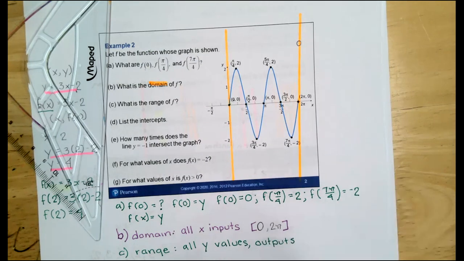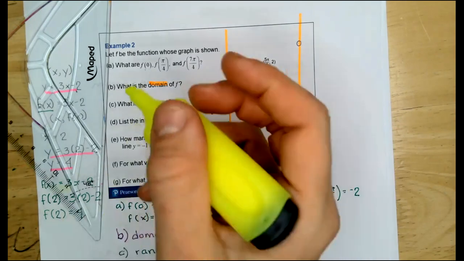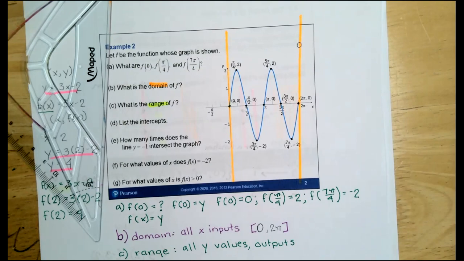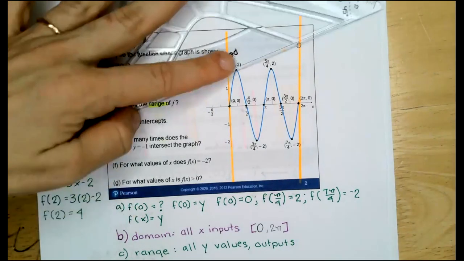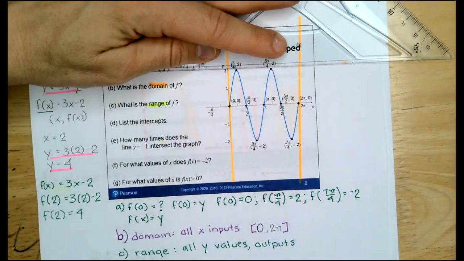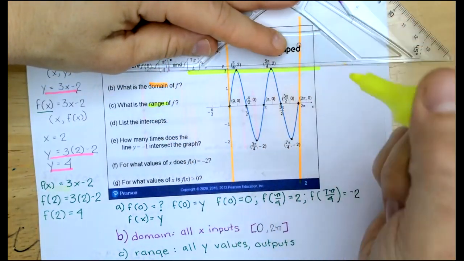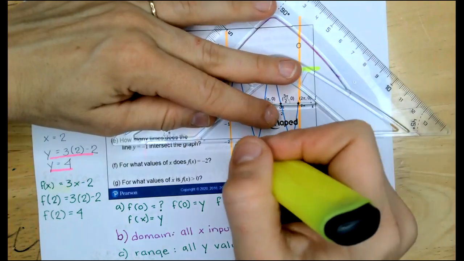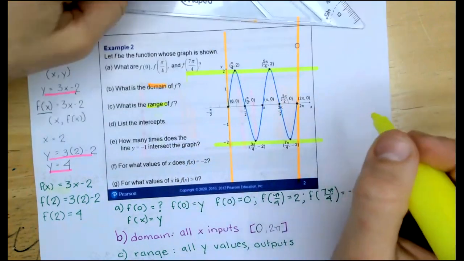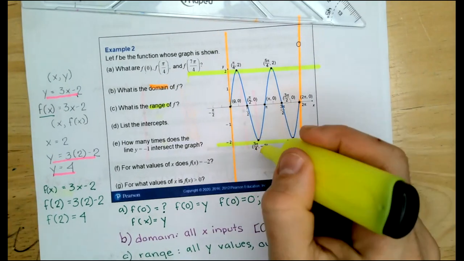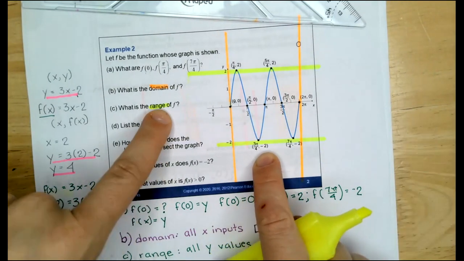It doesn't really matter when you're looking at a graph which one's the input and the output. What matters is it's the y's, okay? So the y's are the range. How high up on the y-axis does it go? How low on the y-axis does it go? My graph will not go below -2. Remember, we're looking at y values for the range.